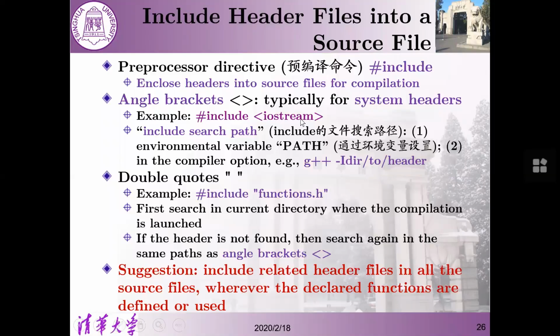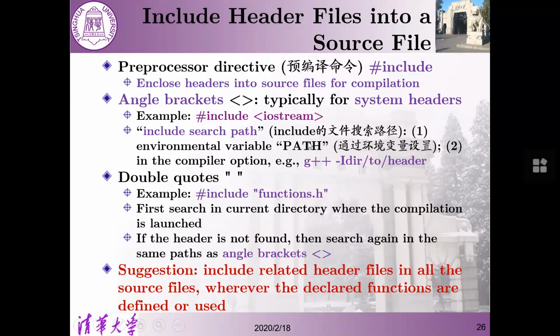And the header in the angle brackets is typically for system headers, because by giving angle brackets, it means the search path for this header is the environment variable path.